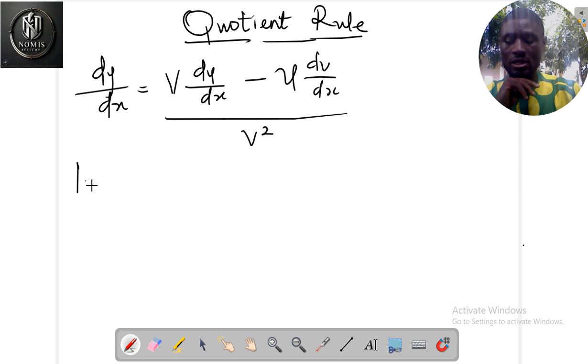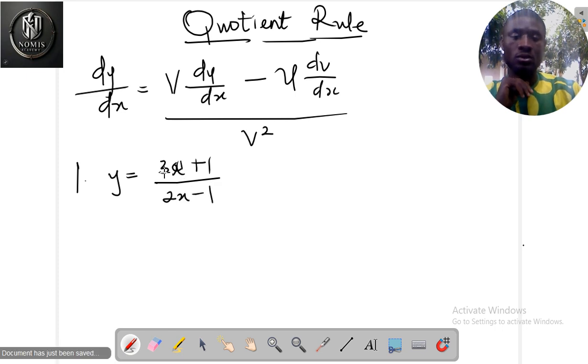Example one says find the derivative of y when y is equal to 3x plus 1 all over 2x minus 1. So you can see 3x plus 1 is divided by 2x minus 1. Writing in this form suggests that the quotient rule is the best way to solve this differentiation question.